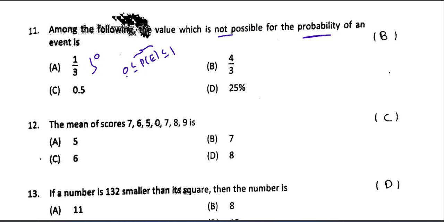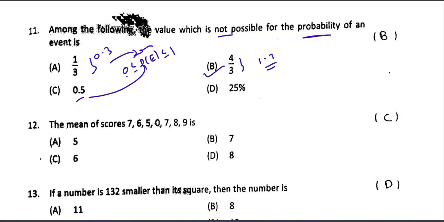So 1 by 3 means what? 0.3, so this is included. 0.5 also included. 0 to 1 between numbers only. So 4 by 3 means what? Above 1. 3 ones are 3, remaining 1, so 1.3. So this is not a possible probability. So option B is the correct answer.